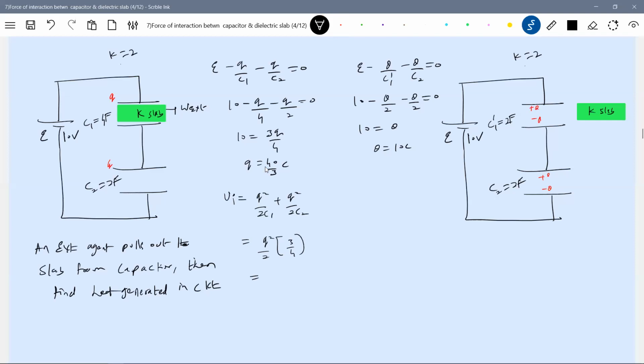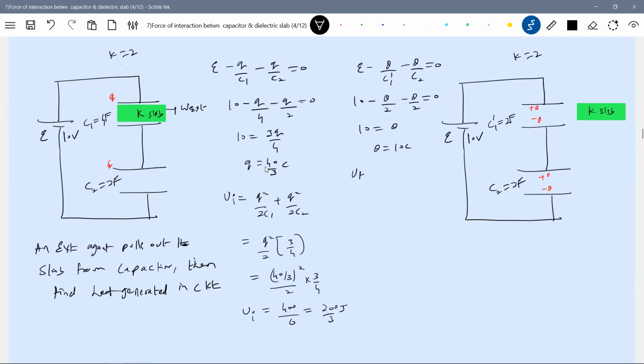Then Q square will become (40 by 3) whole square by 2 into 3 by 4. The 3 cancels, and 4 tens are 400 by 6, which is 200 by 3. I'm not sure whether I'm correct, you have to verify it.